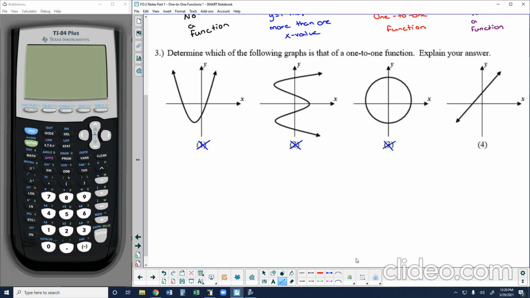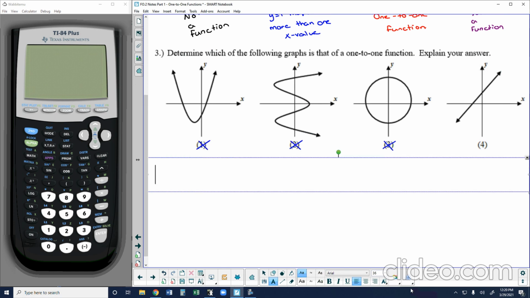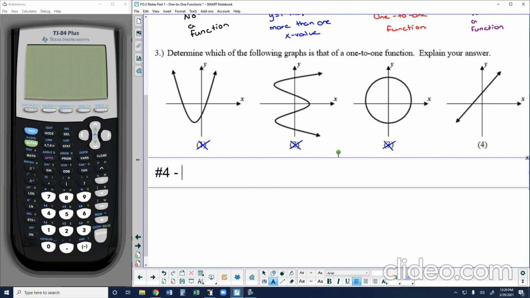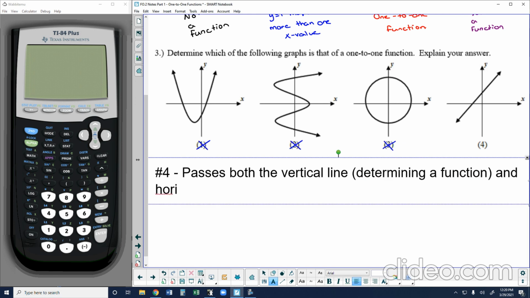So if we wanted to explain that answer, you could go a couple of different directions here. We could talk about the testing of the line, the horizontal line and vertical line test. So number 4 passes both the vertical line test, and we'll say that's determining a function, and the horizontal line test.